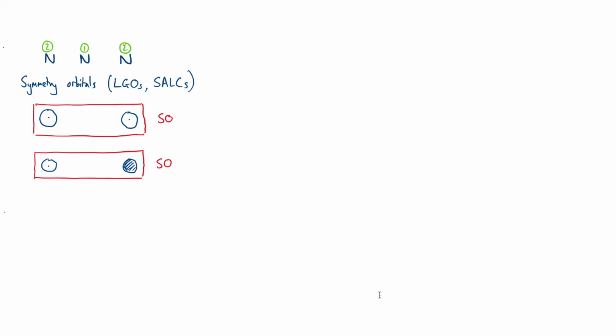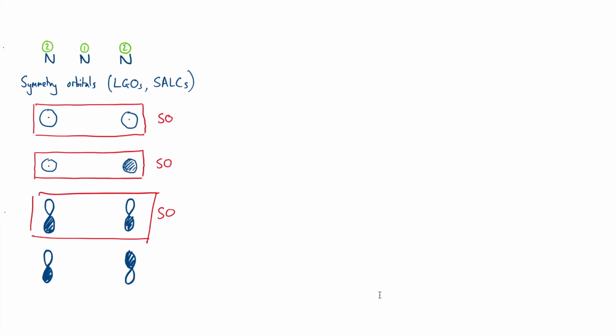With the p orbitals, a p orbital on the left-hand one can form a group with this one on the right-hand side. This can form a symmetry orbital of those p orbitals, and we can define that in phase or out of phase in exactly the same way. So there's two more symmetry orbitals, that's the central atom, and that's another group symmetry orbital.